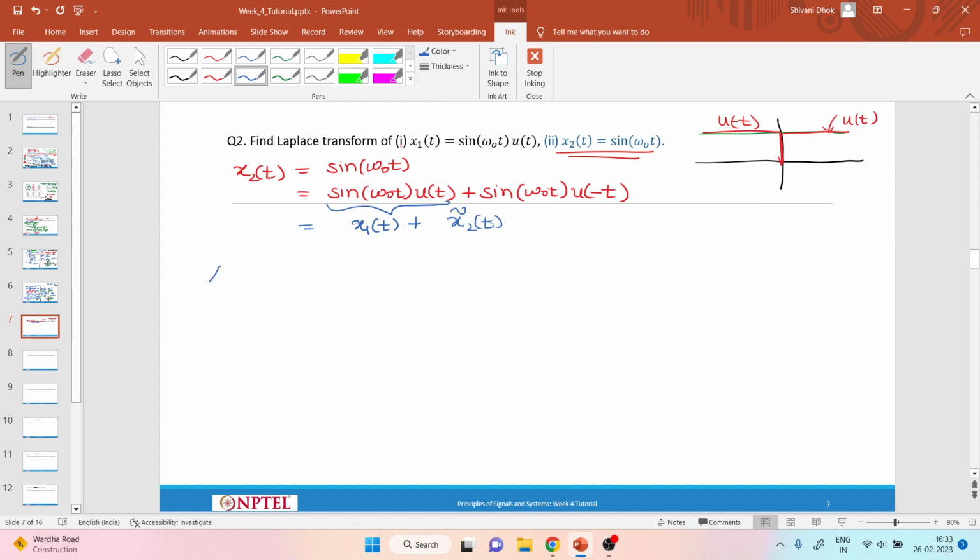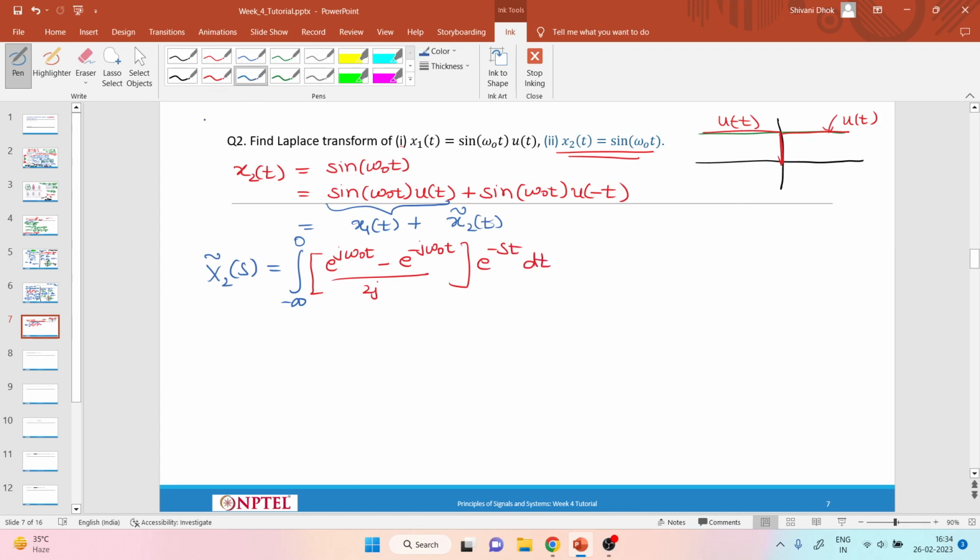So let's say it has a Laplace transform x2 tilde of s, and it can be calculated as minus infinity to infinity, but I have a u of minus t here, so that will just extend from minus infinity to 0. So I can keep it something like this, and then I can write this sine of omega naught t. Again I'll use the same substitution here, that is e power j omega naught t minus e power minus j omega naught t by 2j into e power minus st dt.